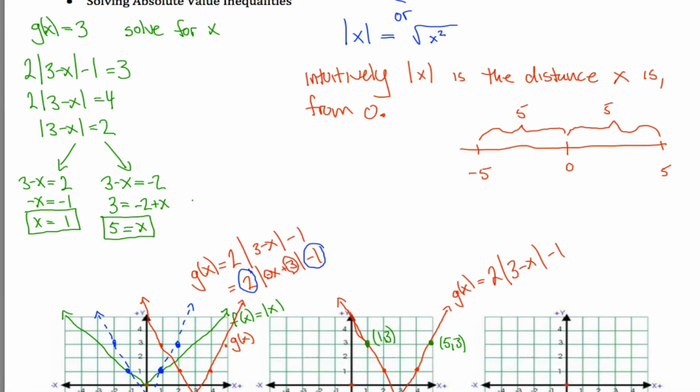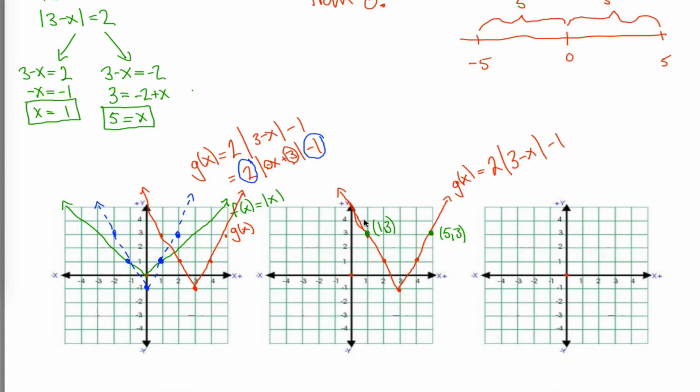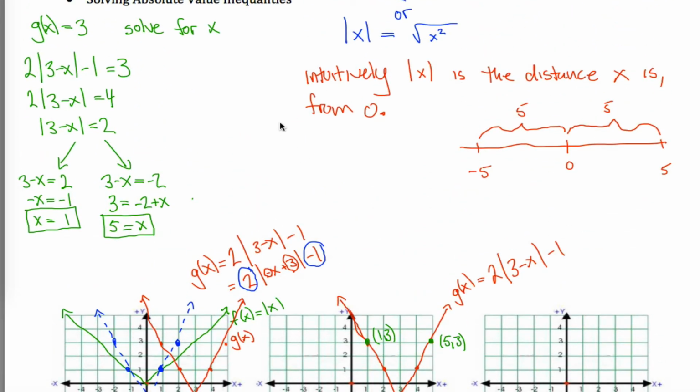Let's do one. Maybe I'll do it with this graph right here. What if you were trying to figure out when 2 times the absolute value of 3 minus x, minus 1, is, I don't know, maybe less than 0? What if you're trying to solve this inequality right here?